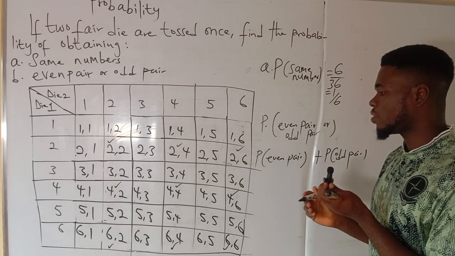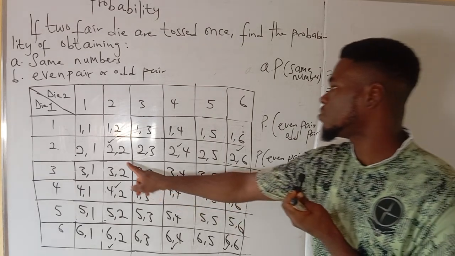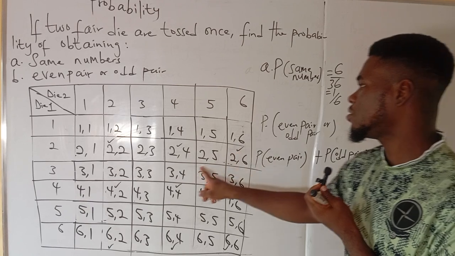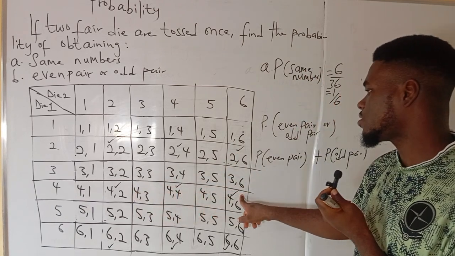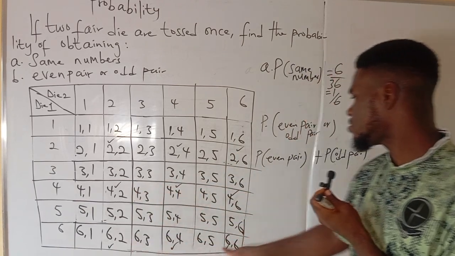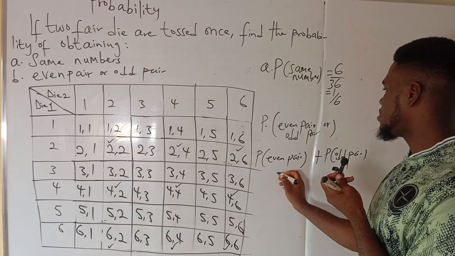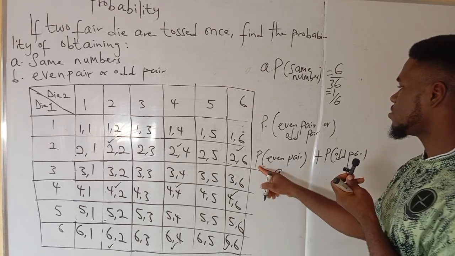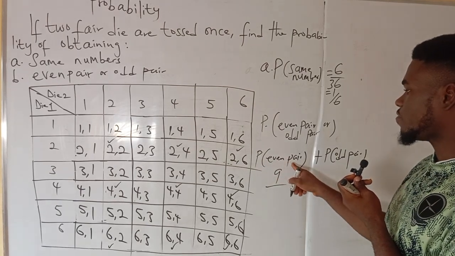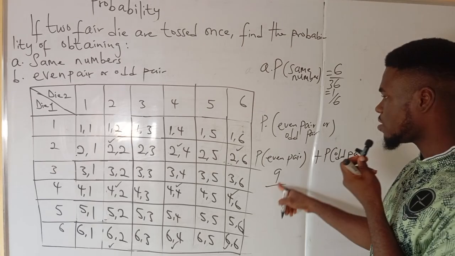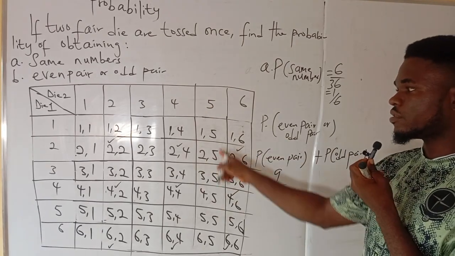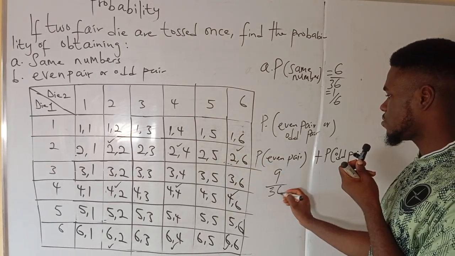For the even pair, we counted it to be 9, right? 1, 2, 3, 4, 5, 6, 7, 8, 9. So I have 9 even pairs over the total outcomes, which is 36.